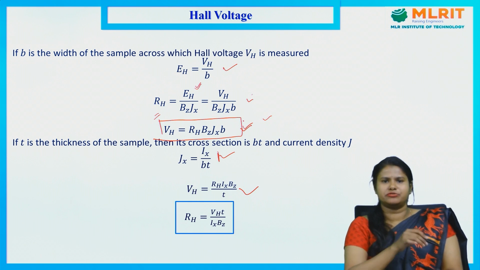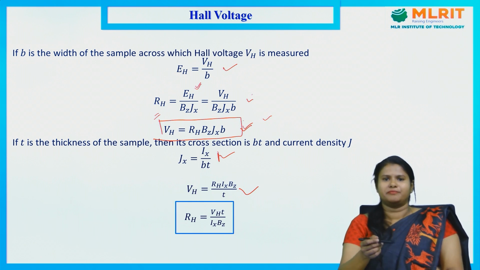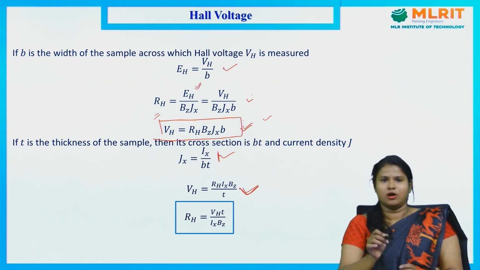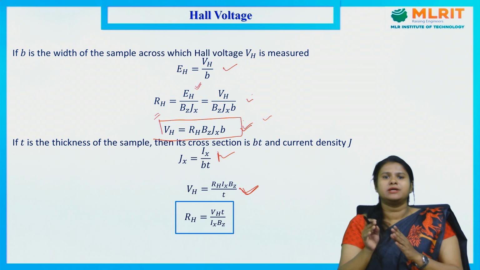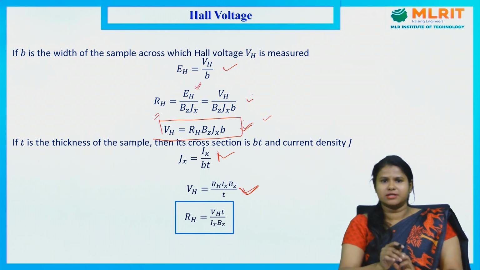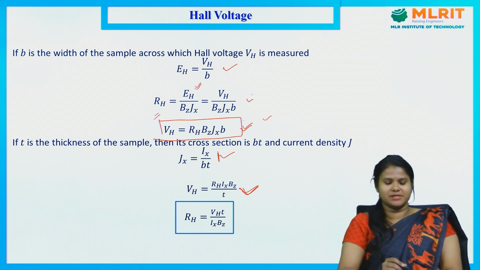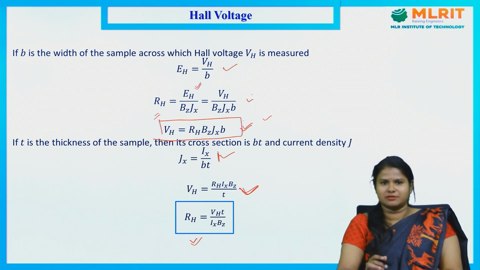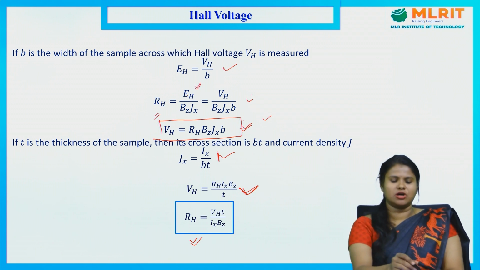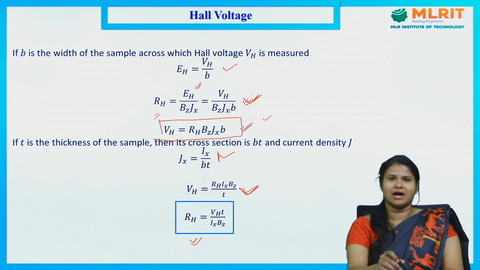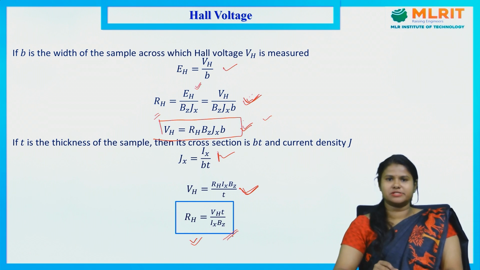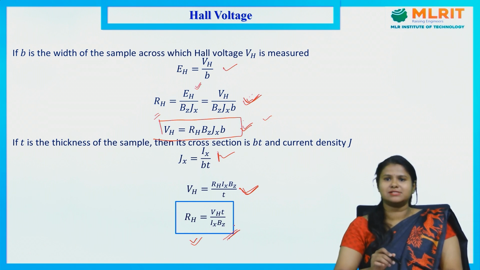From the expression of Hall voltage in terms of Hall coefficient, current, magnetic flux and the thickness of the slab, we can express the Hall coefficient in terms of the Hall voltage, thickness, current and magnetic field. Here the earlier expression was in terms of Hall voltage and current density, and this expression is in terms of Hall voltage and the current.